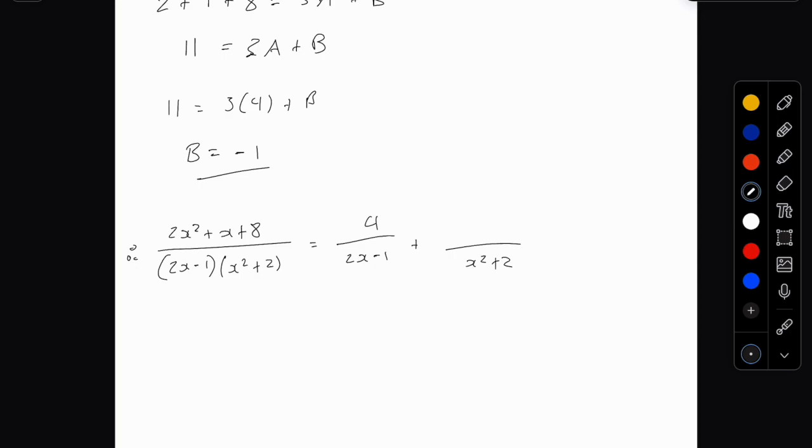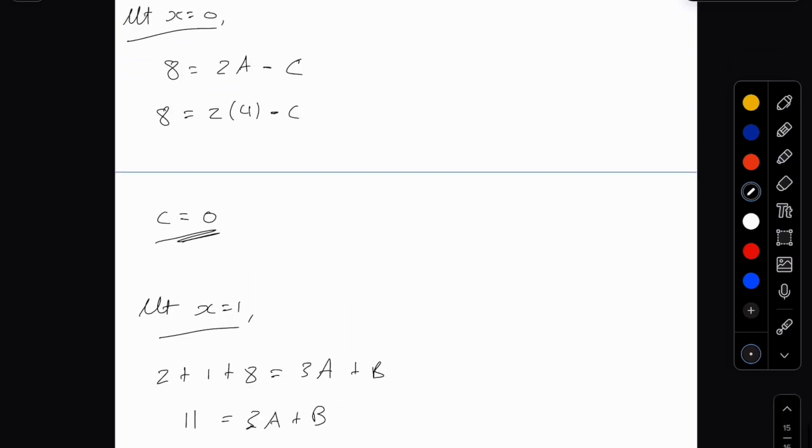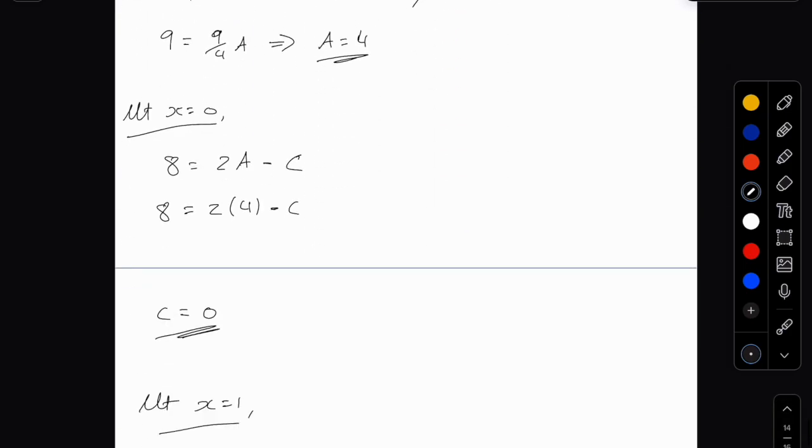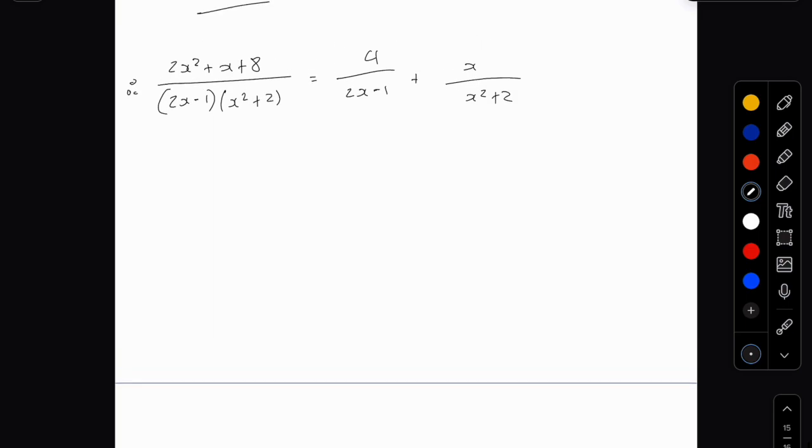So c equals 0. But remember that b is equal to negative 1. So it's just going to be minus x over x squared plus 2. And that is going to be the answer.